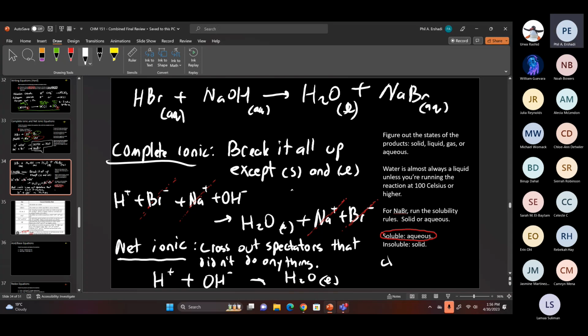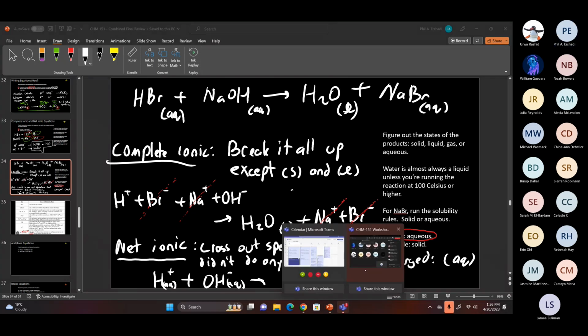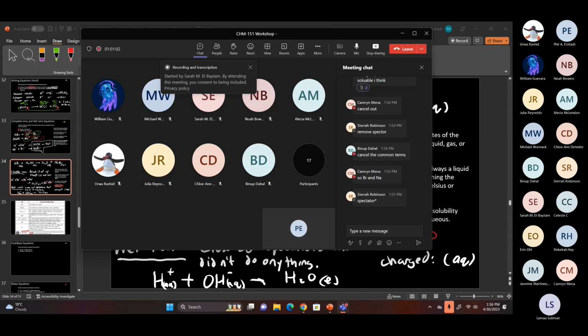If it's charged, for the purposes of your class, it is AQ. So the hydrogen will be AQ, the OH will be AQ because both of them have some kind of charge. Right. Yep, you guys got the idea about how to go from complete to net.